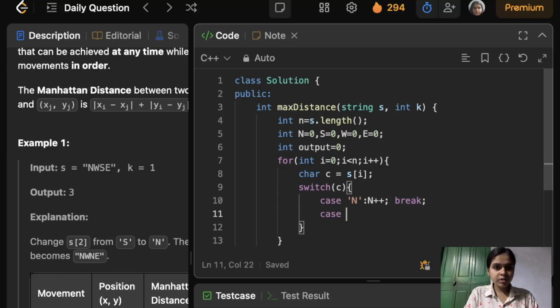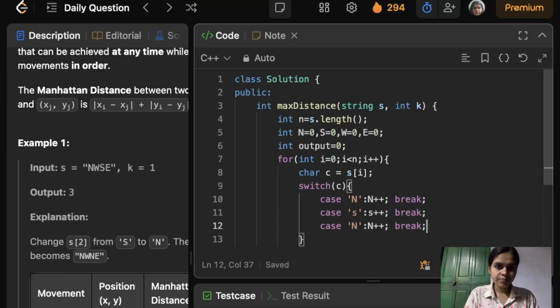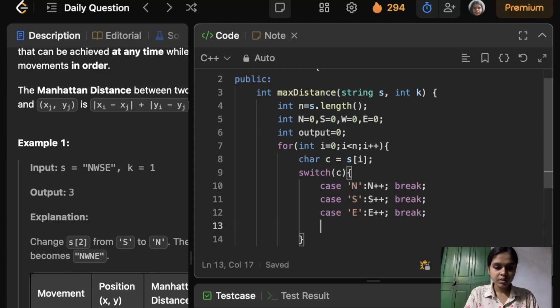Similar goes for s, e, and w. So we can copy this. Just change this s, this is a capital S, right? Similar goes to E as well, and similar goes to W as well.